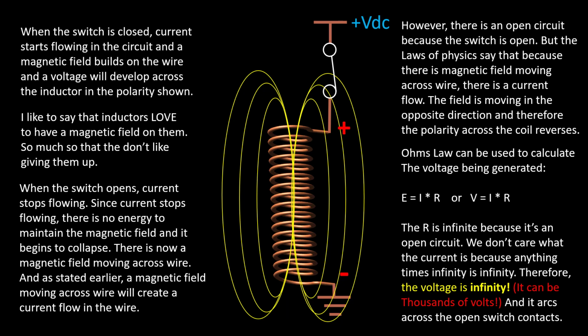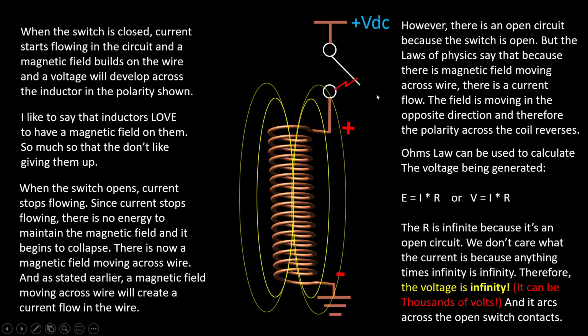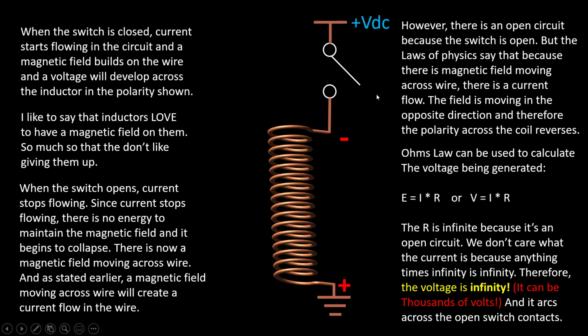Unfortunately, what it's going to do is it's going to arc across that switch. So if I open it, it arcs across the switch, the polarity reverses as the field collapses, it arcs across the switch, and once it arcs, it dissipates the energy. Now that mechanical switch can probably take that abuse for quite some time before it finally fails.